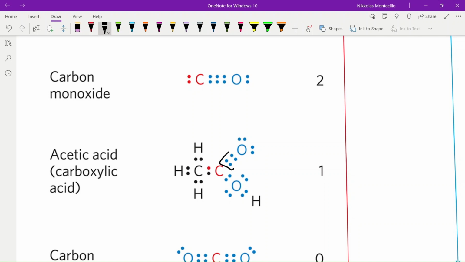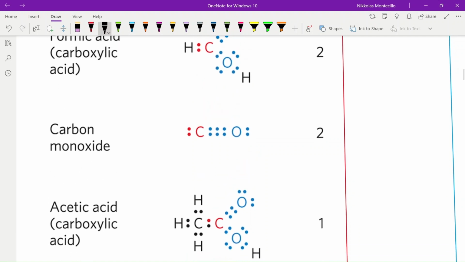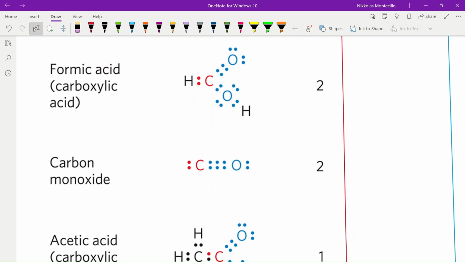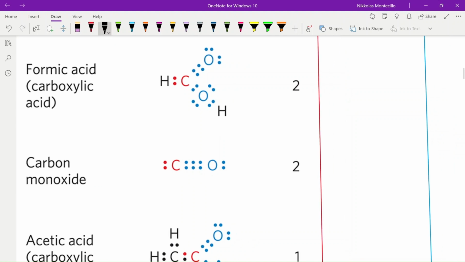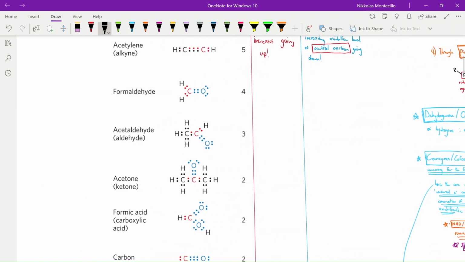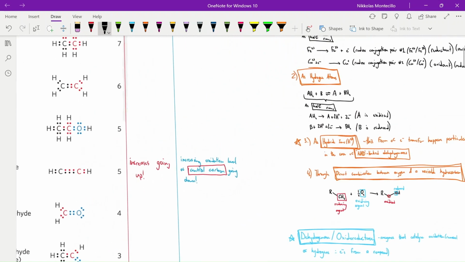The other 6 electrons belong to the 2 oxygen atoms. This oxygen atom owns all 4 of the electrons in this double bond, and this oxygen atom owns 2 in this carbon-oxygen single bond. In carbon monoxide, there are 6 electrons participating in a covalent bond, but all 6 of them belong to this oxygen atom. So on and so forth. I think the general idea becomes a little more clear once you get familiar with these concepts.